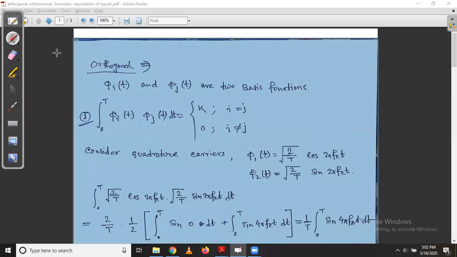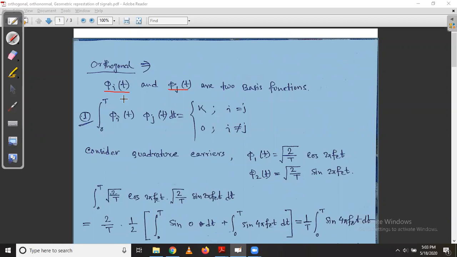In module 2 there is the concept of what is orthogonal. Orthogonal is nothing but, suppose we have two basis functions. If you remember, in ASK, BPSK, FSK, MSK, QPSK, for every digital modulation technique we have used some basis functions, and those basis functions are denoted by phi.